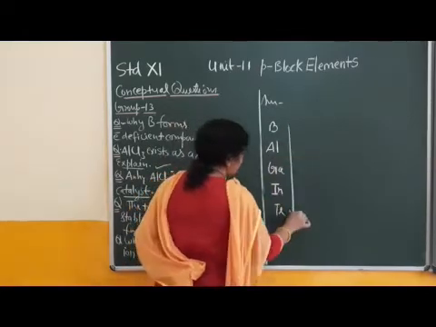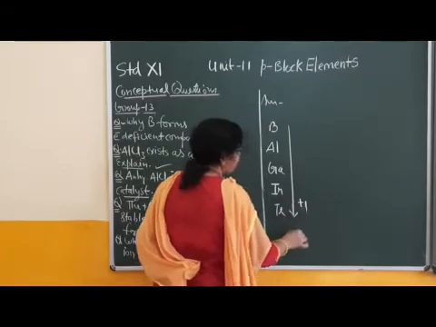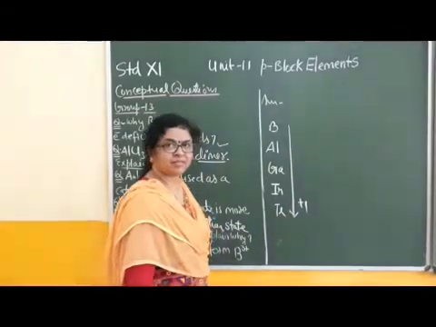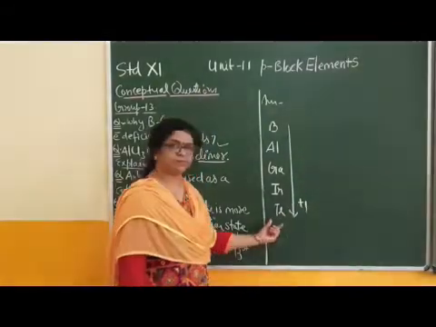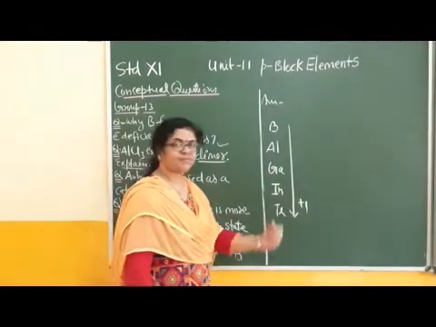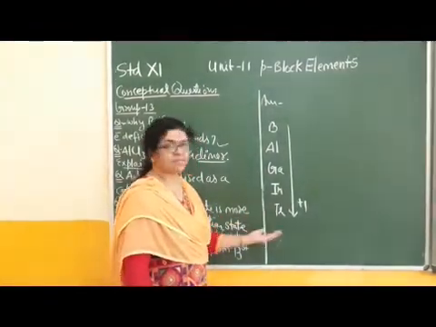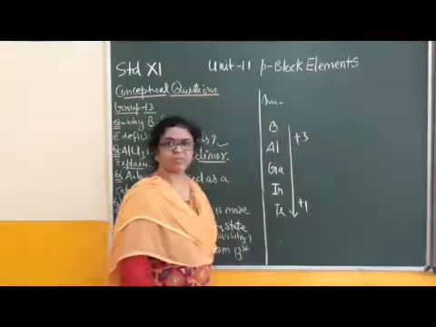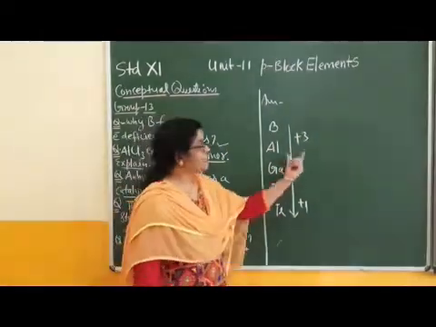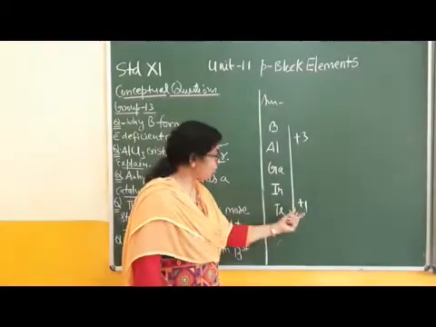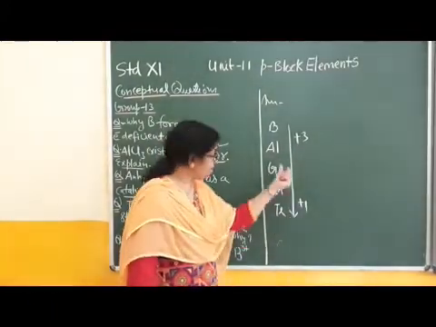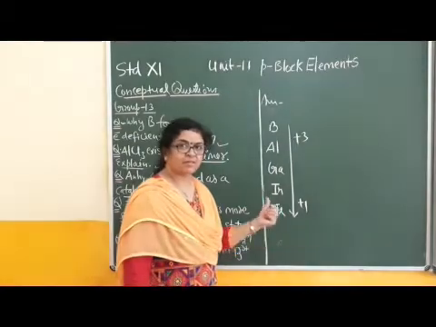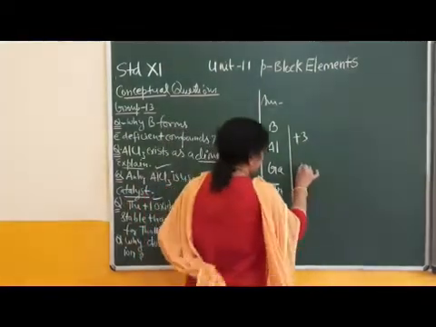On moving down the group, stability of the +1 oxidation state increases. Compounds of thallium are more stable in the +1 oxidation state than the +3 oxidation state. Right? Group oxidation state is +3, but the more stable state is +1 for the bottommost element, due to the inert pair effect.